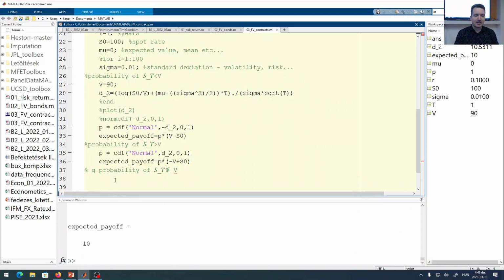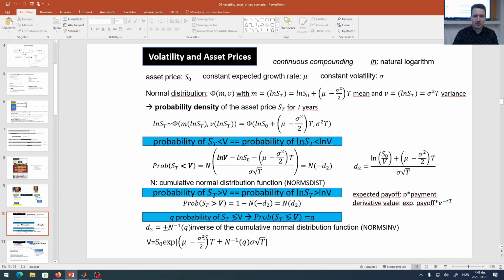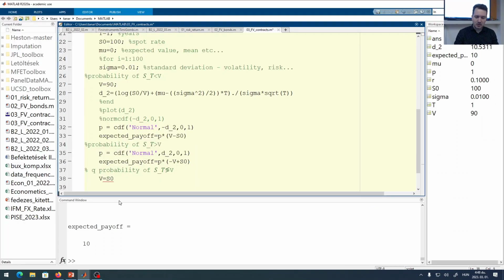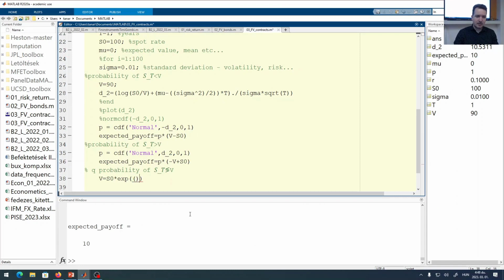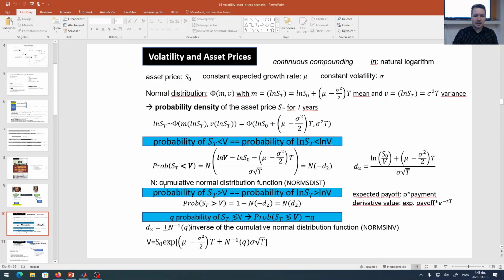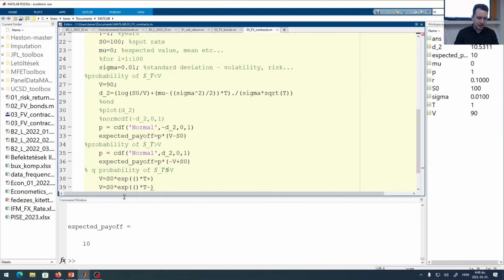Okay, so in this case, V will be equal to all these things together. So S0 multiplies EXP, and then many things here. First bracket, which is multiplied by t, then plus, and of course it can be minus, by the inverse.